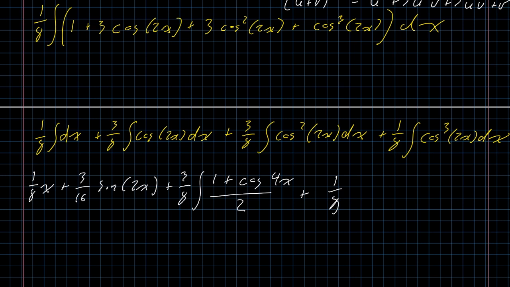And then I have the third power. I'm going to break that up as the cosine of 2x times the cosine squared of 2x.